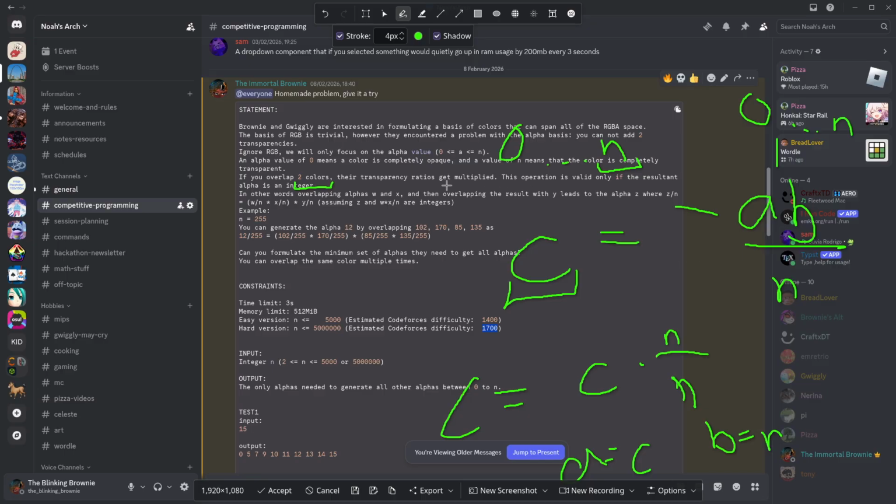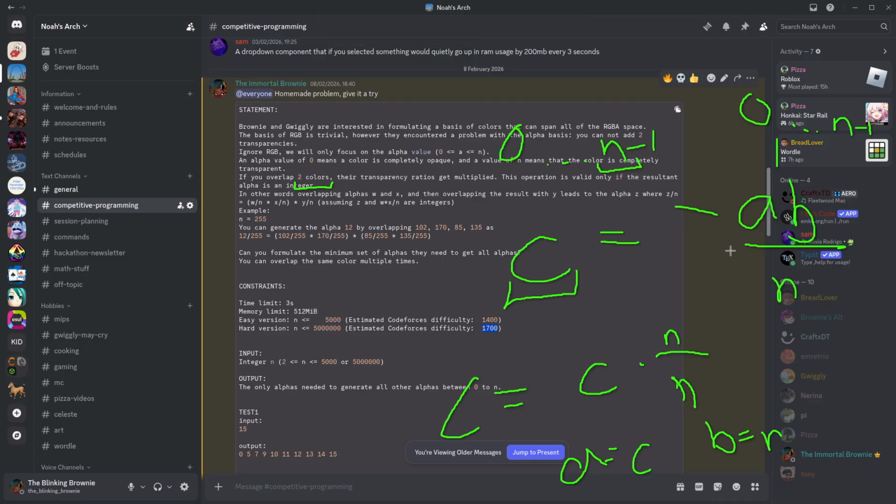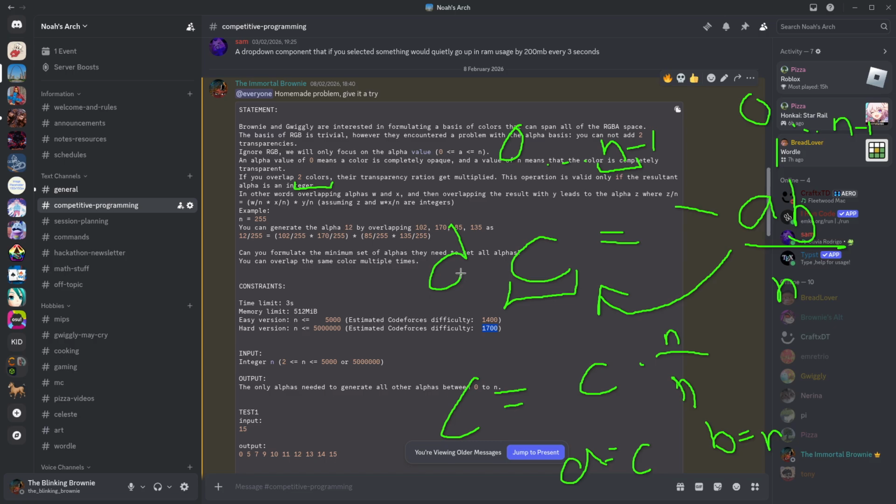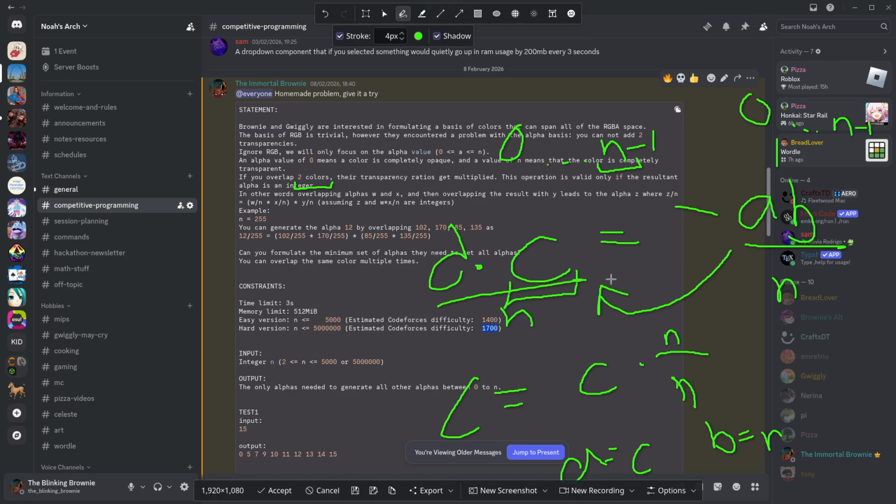So you should never try combining with N, because then you will just say that every number is constructible, which is obviously wrong. So yeah, iterate to N minus 1 first of all. And then you might wonder, okay, we say we can combine A and B to get C, but what if we can combine C with some value D, and that equals A?